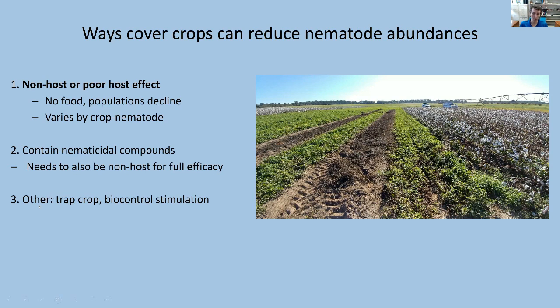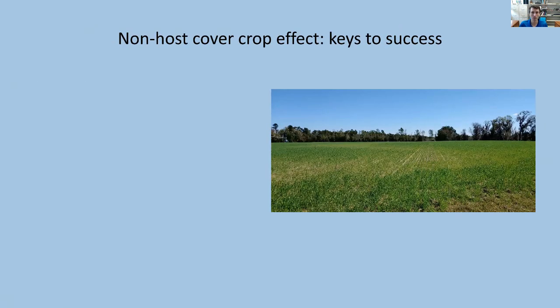There are other mechanisms as well, but those are the main ones you need to know about to follow the rest of the presentation. Of course, not every cover crop is going to perform each function. So, looking specifically at non-host cover crops, some of the keys to success.